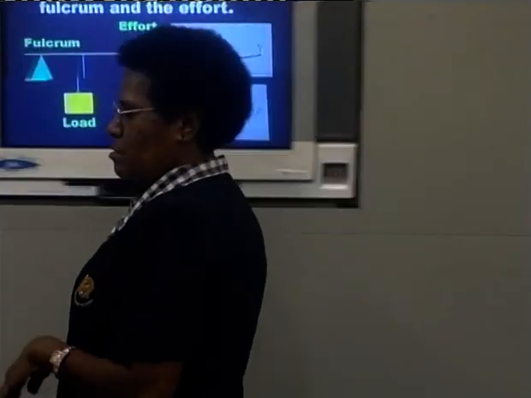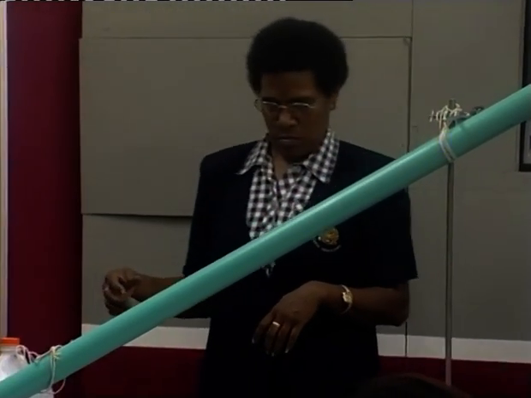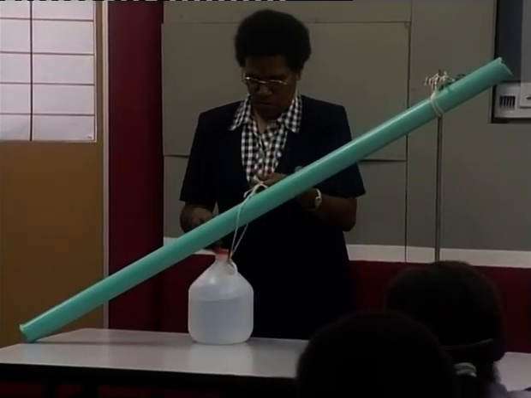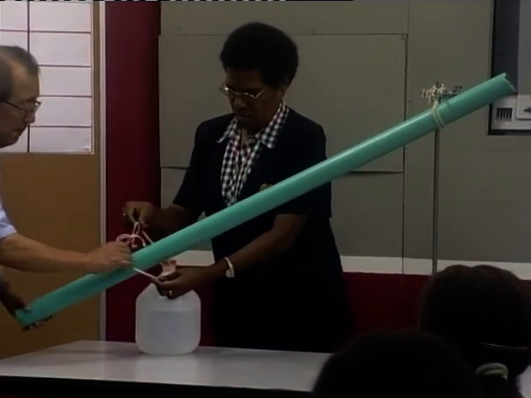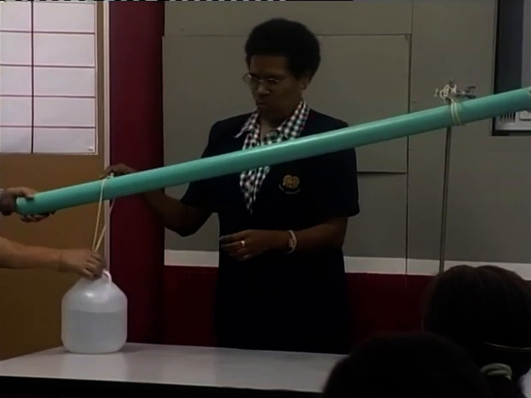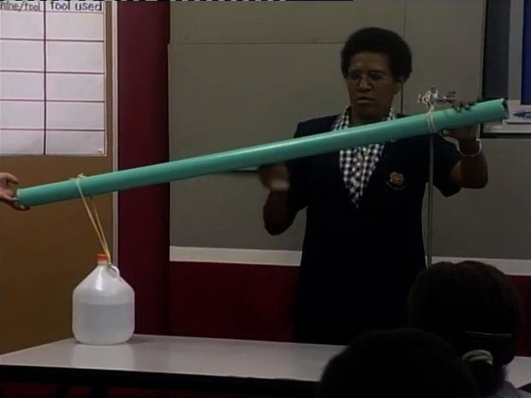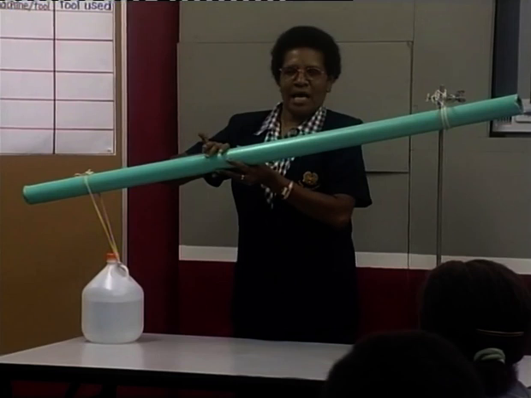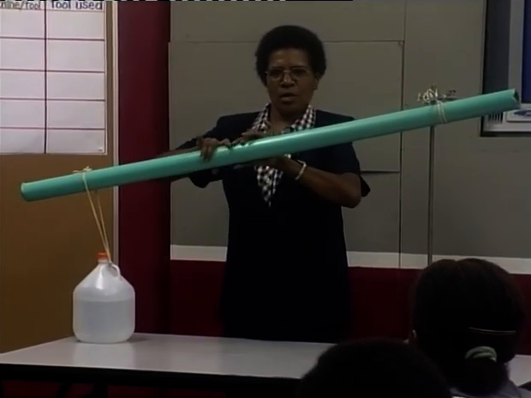Now we will once again look at an example. We have the fulcrum at the end, the effort, or where I apply the force, is in the middle, and the load at the end.